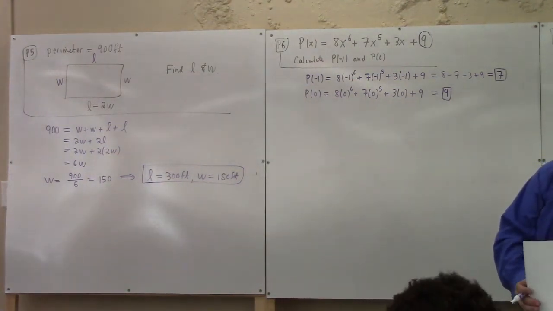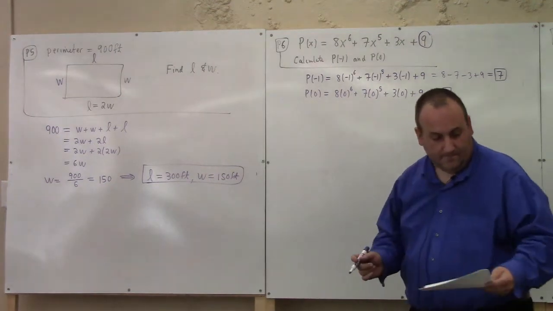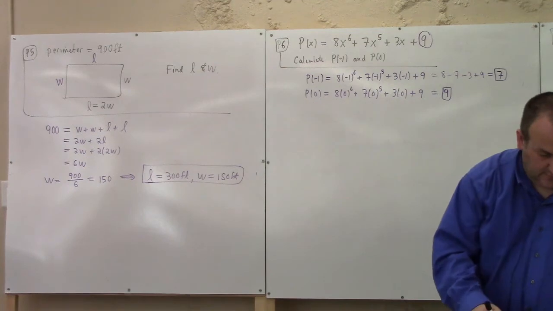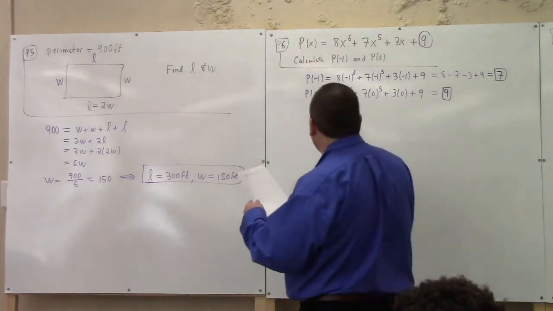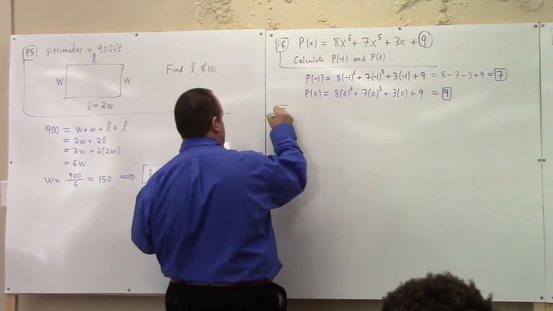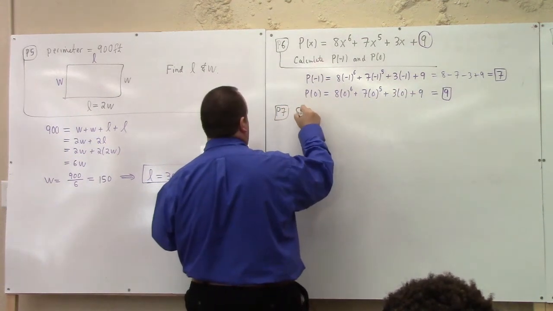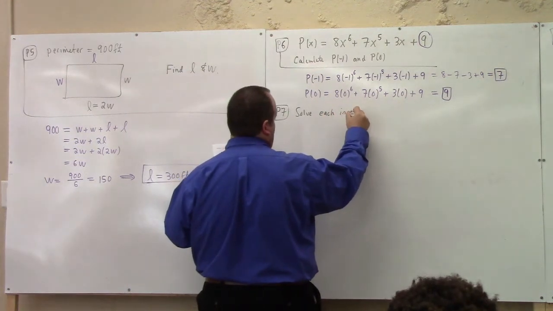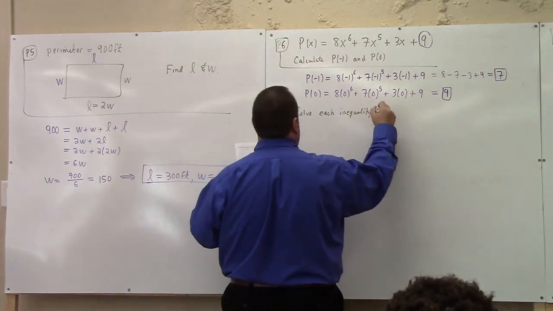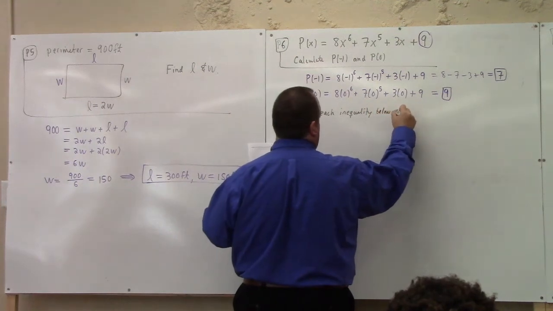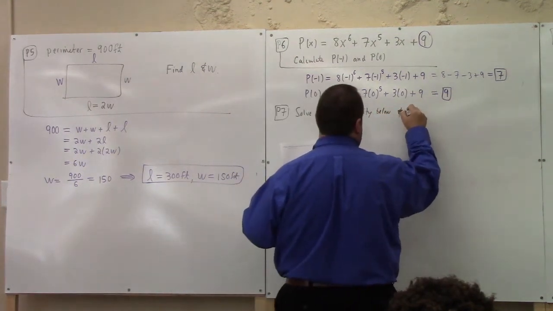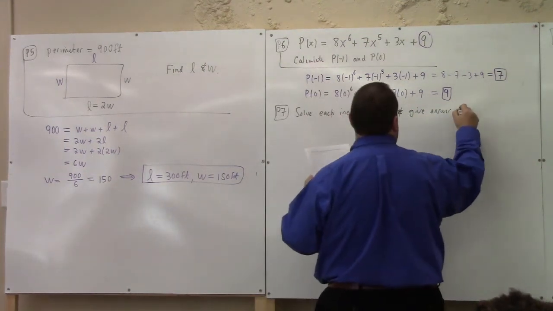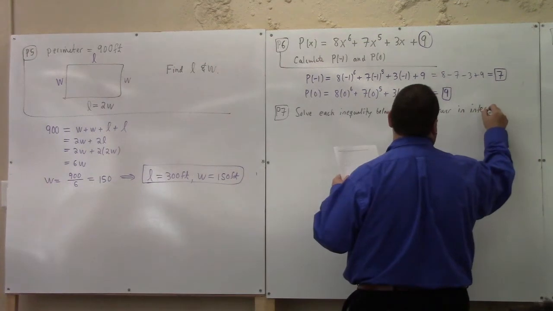Okay, problem 7 is something you guys had trouble with on test 1. So problem 7, we must go through problem 7 here. Here we have: solve each inequality below and give the answer in interval notation.